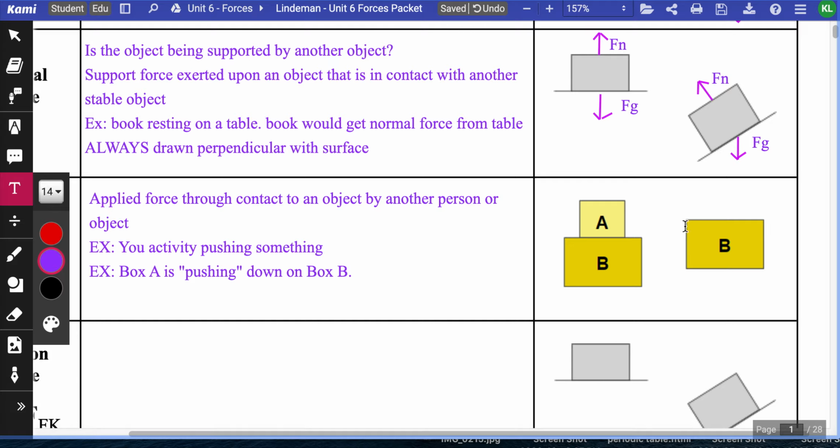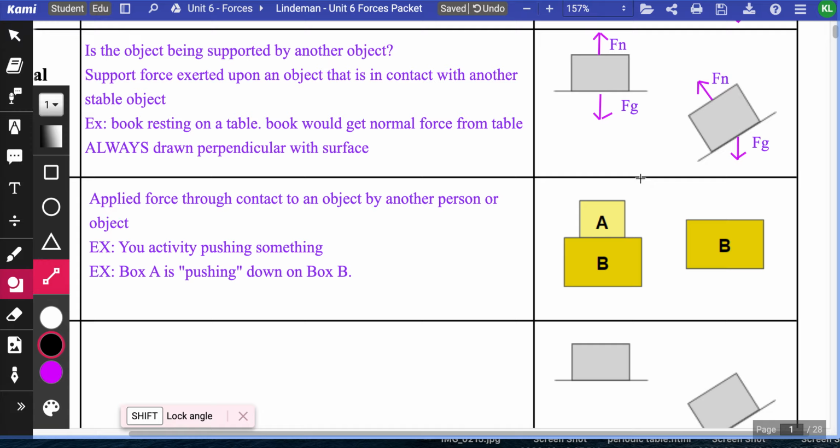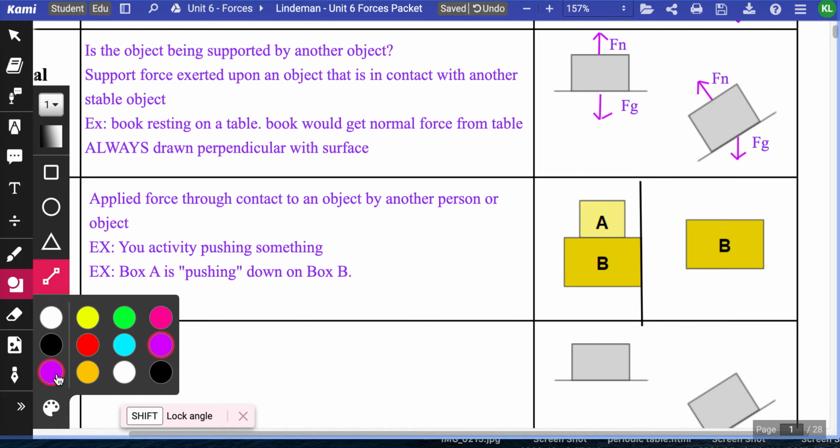So let's go ahead and draw these out to see what these would look like. Okay. So if I am just going to draw what the free body diagram for box B would look like, I'm going to draw this just like this, just to segment it off a little bit.